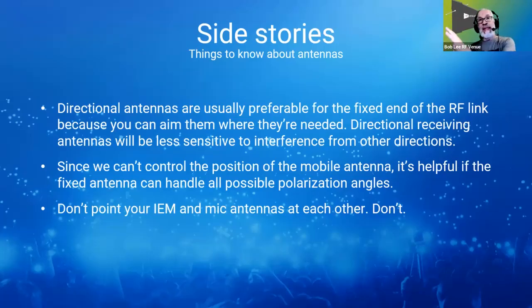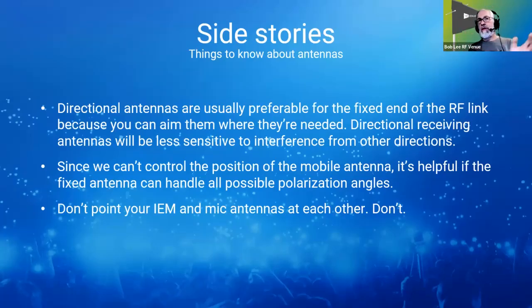So a directional antenna allows us to point at the area of interest where the action is, and if it's a receiving antenna, it's going to be less sensitive to surrounding interference. It's going to be focused in on the wireless mic transmitter.